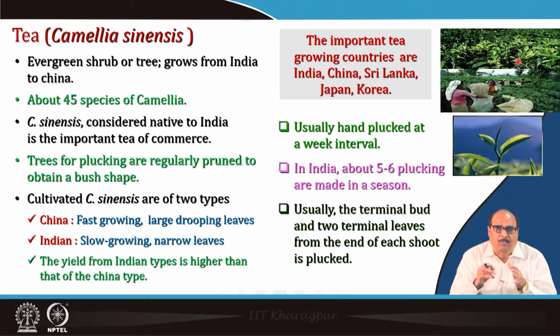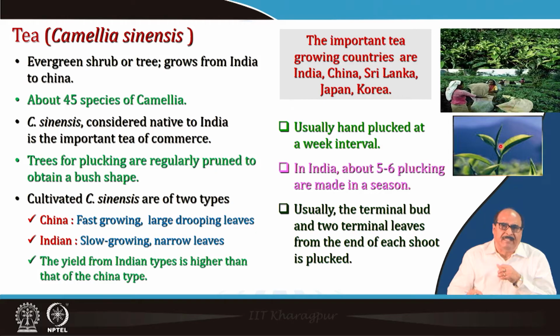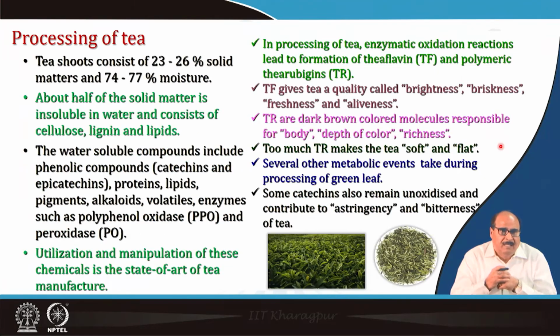In India, about 5-6 pluckings are made in a season, and usually the top terminal bud and the top two leaves from the end of each shoot are plucked. The important tea growing countries in the world are India, China, Sri Lanka, Japan, Korea, etc.